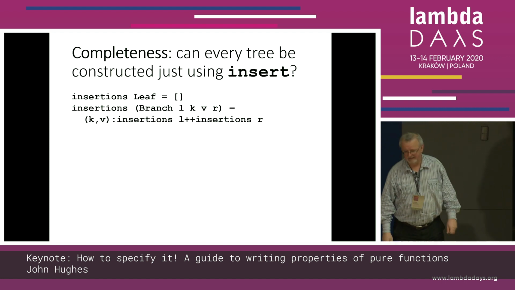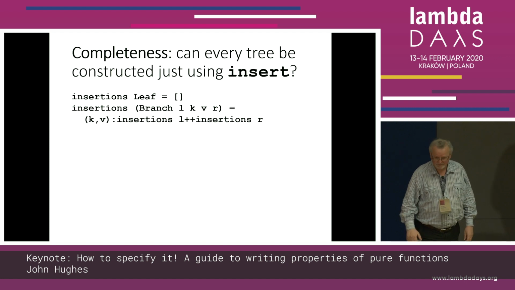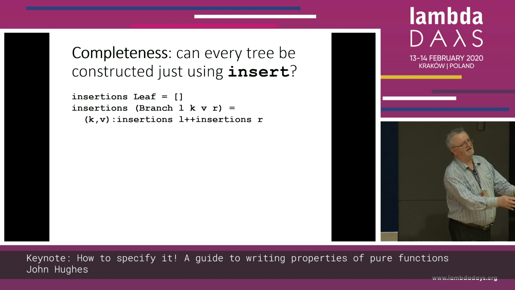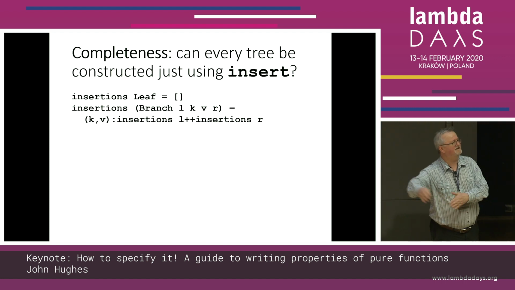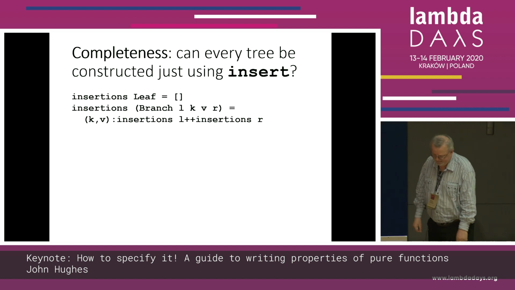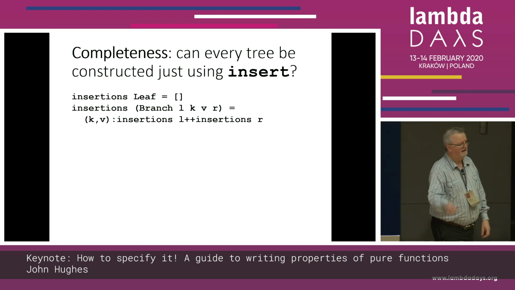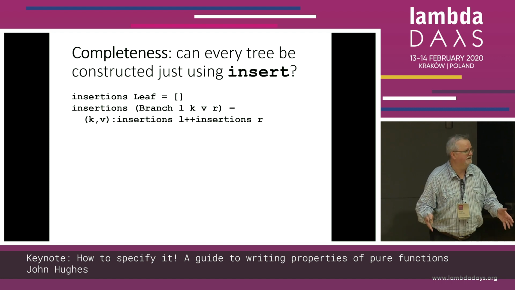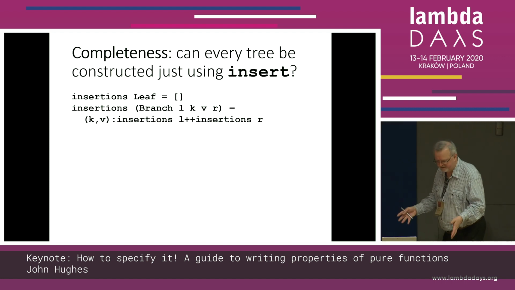Don't think. Can I test it? Turns out I can. To do so, I need to write a function that, given a tree, returns a list of insertions that will reconstruct it. And that's easy to do in this case, because it would be harder if I were using some kind of balanced trees, but I'm not. So how do I reconstruct a tree?